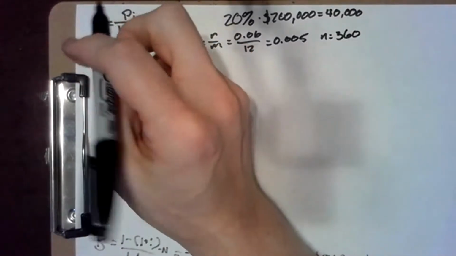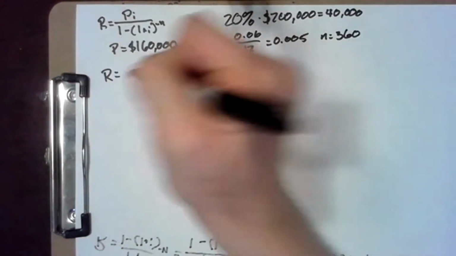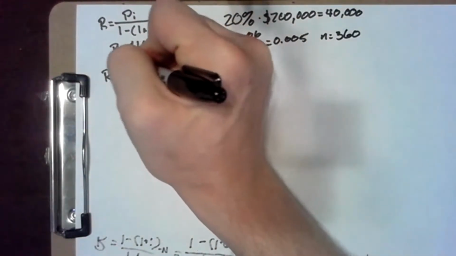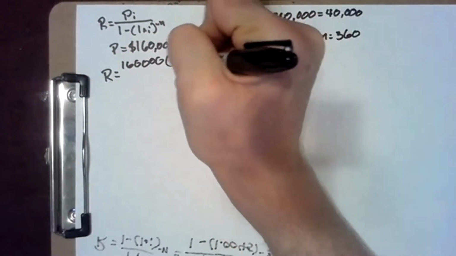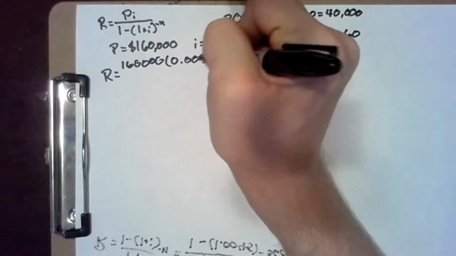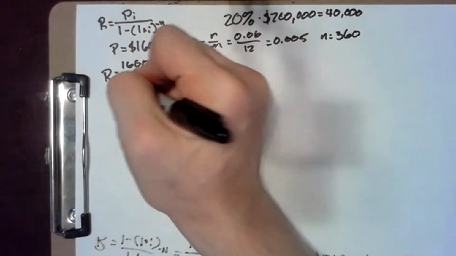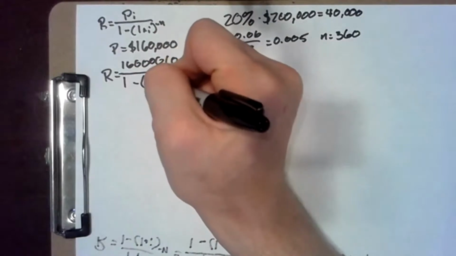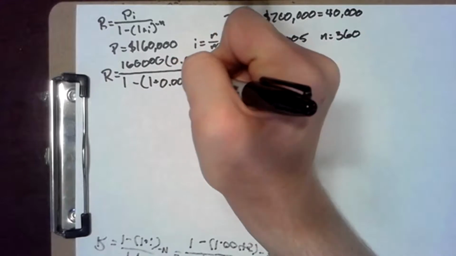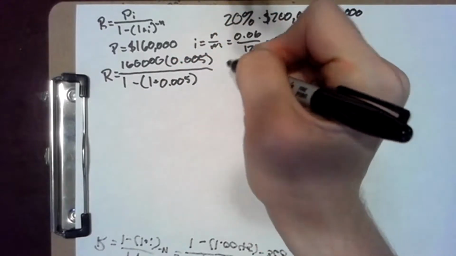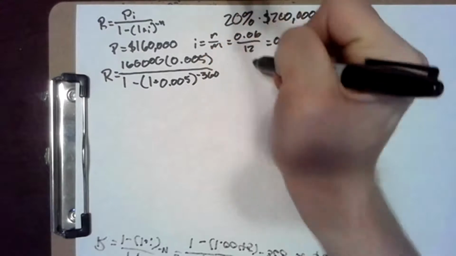We plug this into the formula and get R equals 160,000 times 0.005 over 1 minus 1 plus 0.005, which is just 1.005, of course, raised to the negative 360th power.